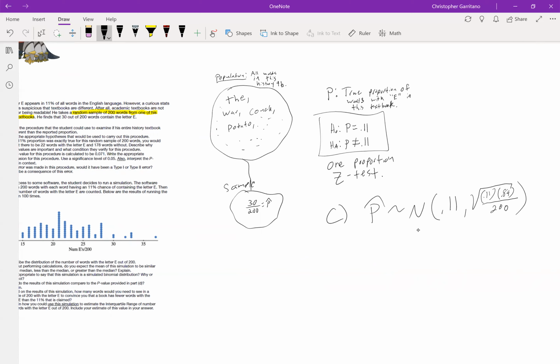We need to make sure that this is true in order for us to find a p-value. Now, in order to do that, certain conditions have to be met.